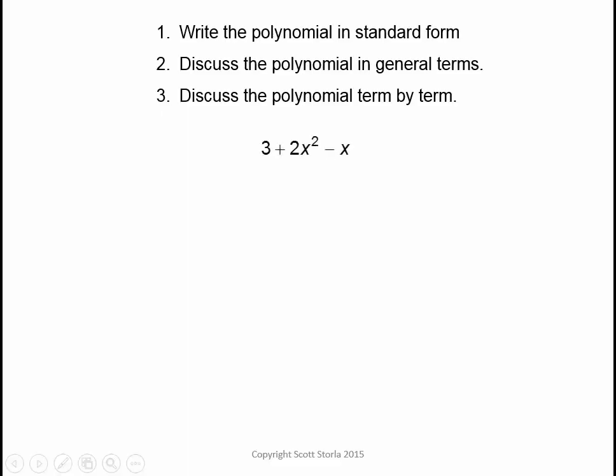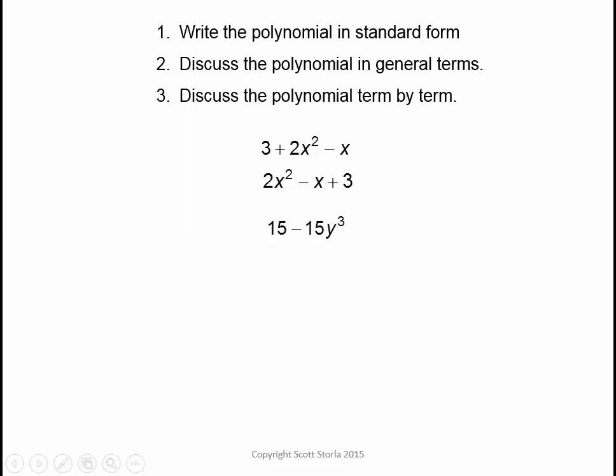Here's the first one. After rearranging this second degree trinomial into standard form, I can see the second degree term has a coefficient of 2, the first degree term has a coefficient of -1, and the constant is 3.